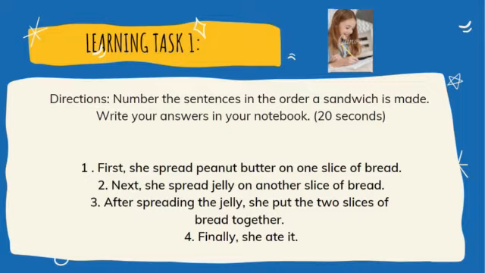Number 2, next, she spread jelly on the other slice of bread. Number 3, after spreading the jelly, she put the two slices of bread together. And number 4, finally, she ate it. Very good.